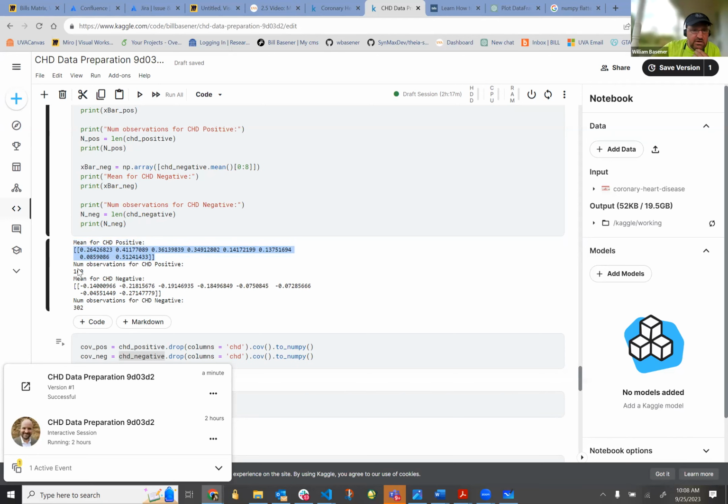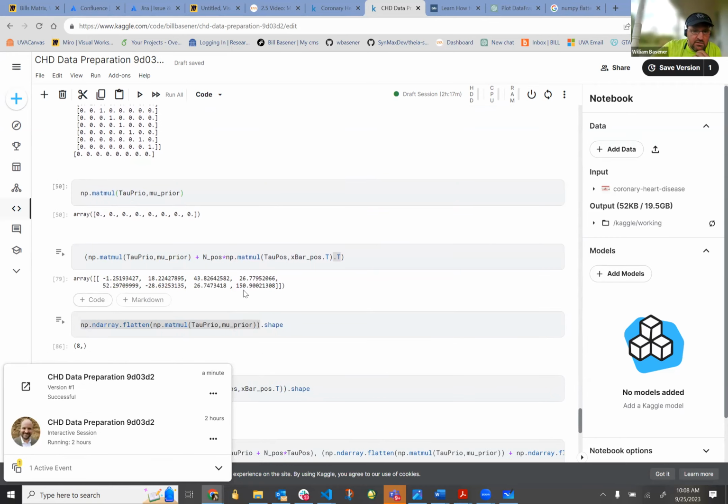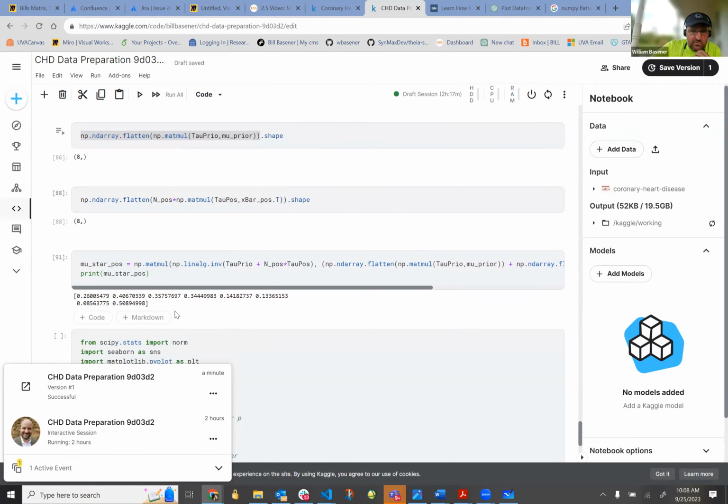So this is just the data by itself, right, if you estimated the mean just by the data by itself. This is the estimate of the mean using the data and our prior. And then you'll need to do the same for mu star negative and see how the prior affects mu star negative.